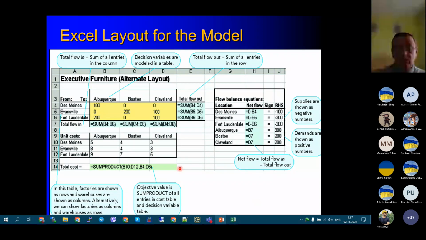So here is one possible layout for preparing our source data. The shipping cost is actually the multiplication of two matrices, the matrix of shipping cost over the transportation plan. And here are also depicted constraints like flow in, flow out.